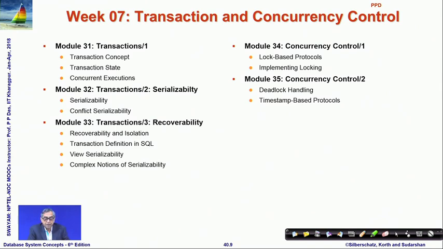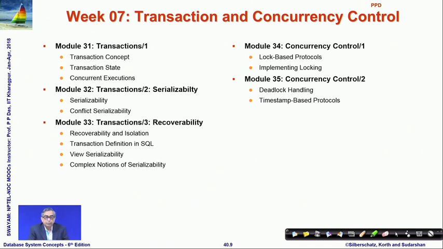So, we defined transactions and defined what concurrency is, and then we took up different critical aspects of serializability, that it is possible to execute transactions in a manner so that their instructions are intermixed, but even in that case they produce a result which is as if these transactions had been executed in serial order.